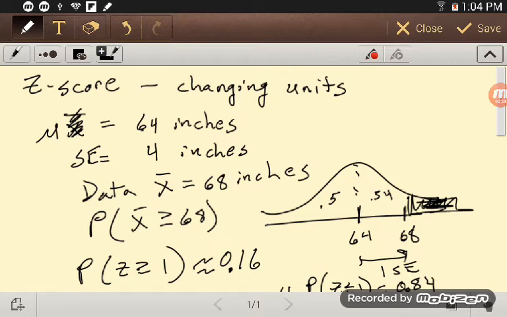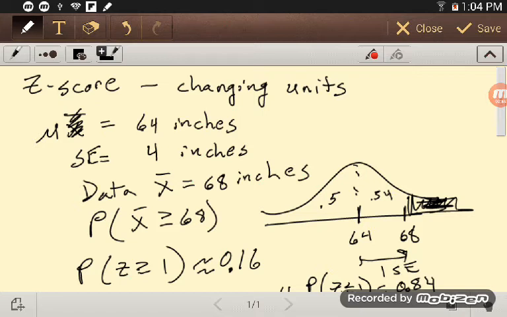We're saying, hey, okay, I went from 64 to 68. I jumped up 4 inches. Great. Oh, but what if I said, well, I didn't want 4 inches, I wanted it in feet. Oh, well, then that's 1/3 of a foot. Or what if I wanted it in centimeters?